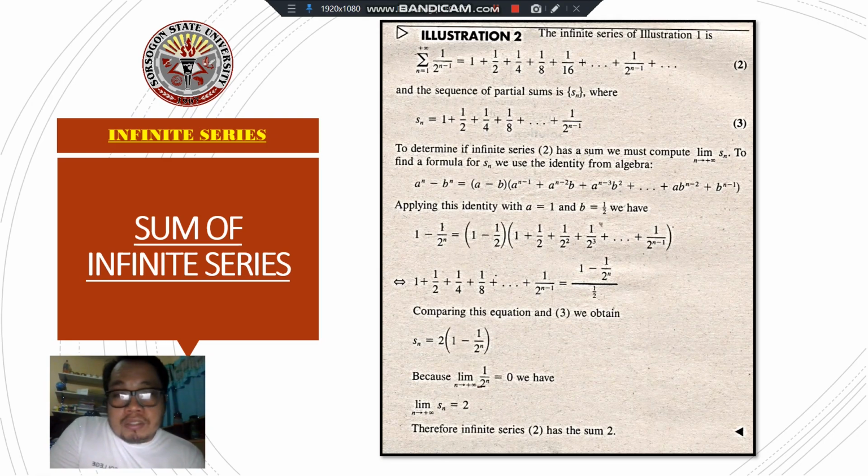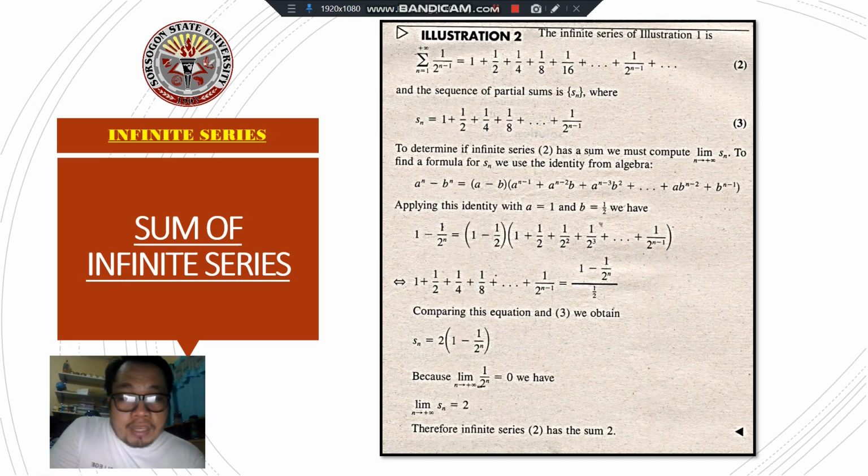So that is from the equation derived from using the identity. So we have to divide both sides by 1 half, and that is from 1 minus 1 half on the right side of the equation preceding such equation.